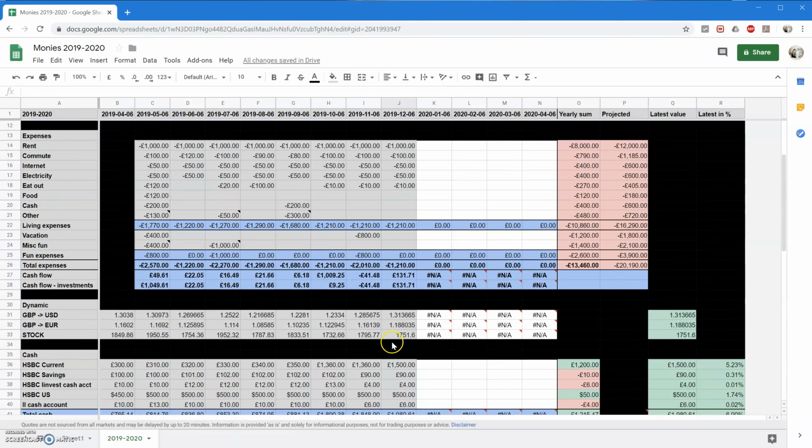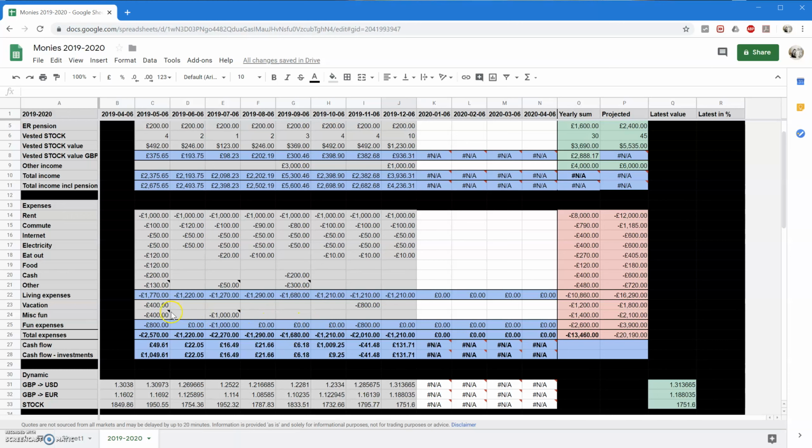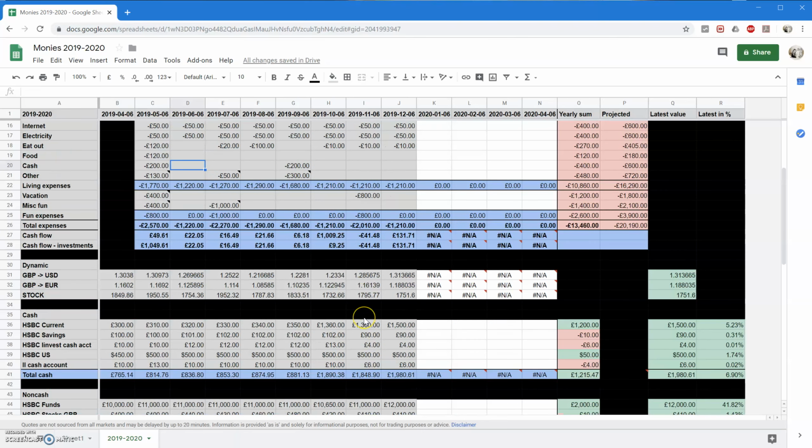Oh yeah, so let's say this vacation here, it doesn't have a note, as we can see. There's no little black triangle. So let me do a Shift F2 and put in Australia. I went to Australia for £400. That's how magic I am.